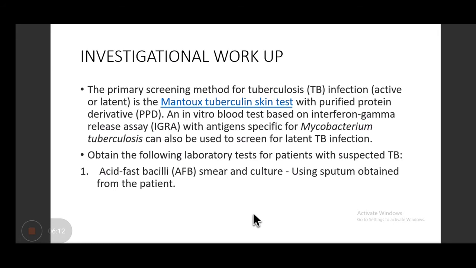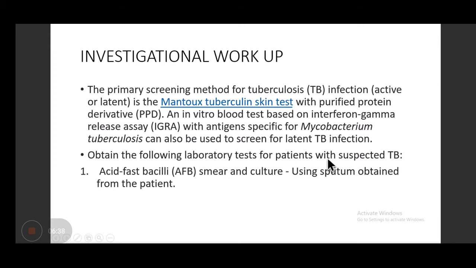Okay, PPD, purified protein derivative, is injected 0.1 ml intradermally. Okay, and an in vitro blood test based on interferon gamma release assay with antigen specific for Mycobacterium tuberculosis can also be used. This is an alternative test. Like instead of Mantoux, we can do this test also to screen for latent TB infection.